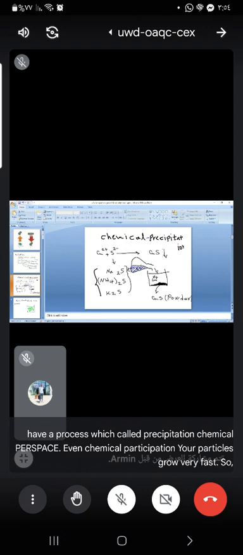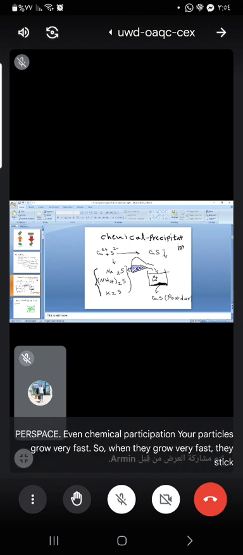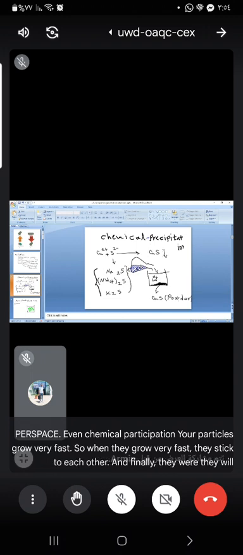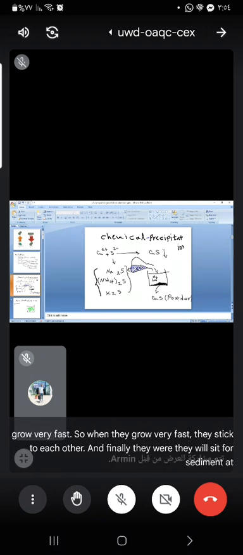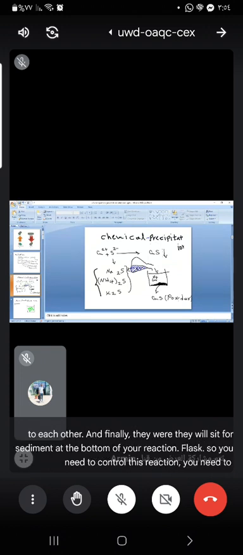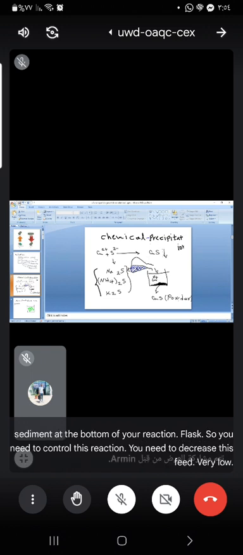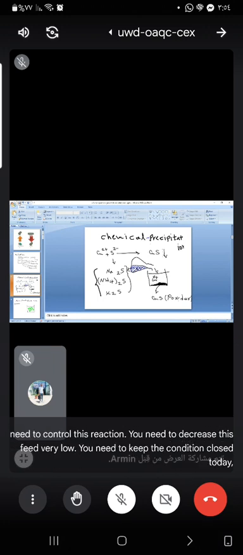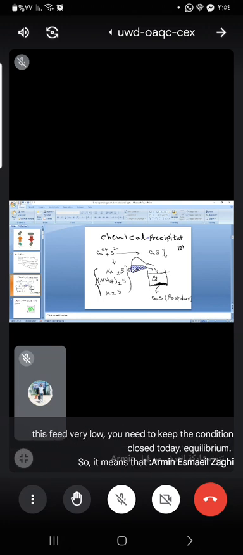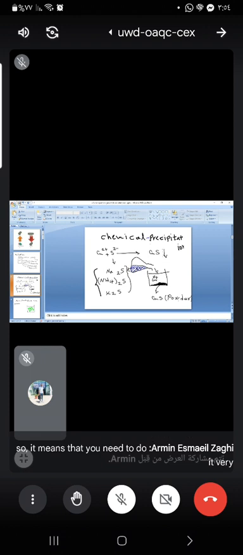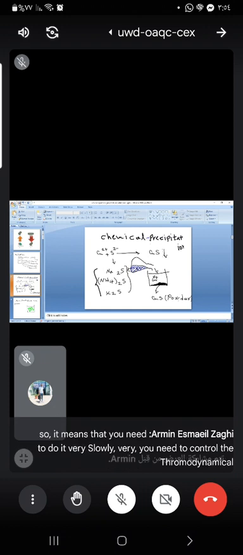When they grow very fast, they stick to each other, and finally they sediment at the bottom of your reaction flask. So you need to control this reaction. You need to decrease the speed very low. You need to keep the condition close to the equilibrium, which means you need to do it very slowly. You need to control the thermodynamic parameters of your reaction condition.